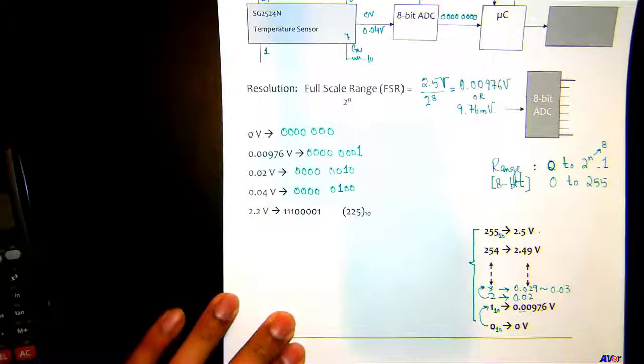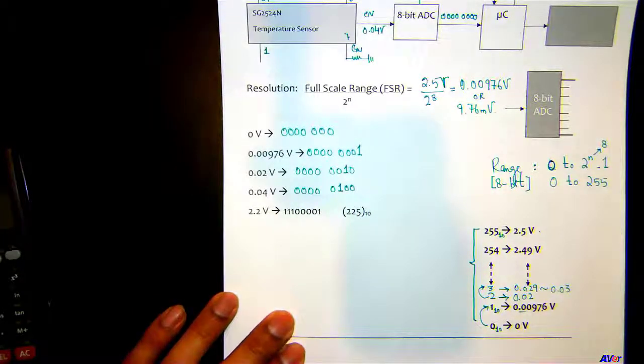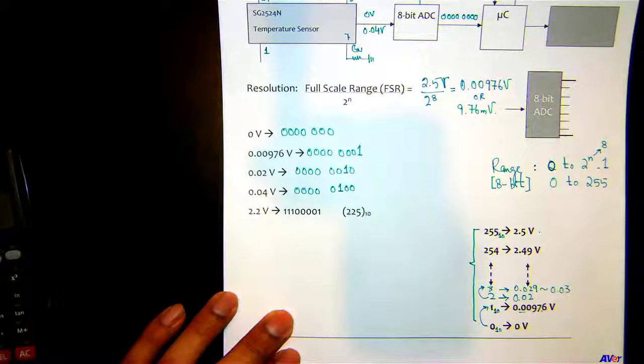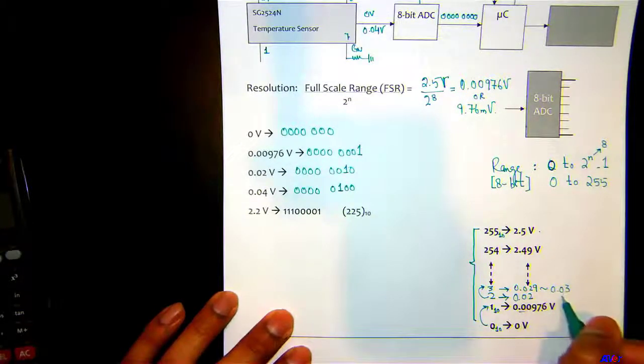Is that what you're saying? How many of you think that's right? Right. Because if 3 is 0.03, then 4 is going to make 0.04, correct? Approximately 0.04, which would refer to an 8-bit code of 4 zeros and 0100.